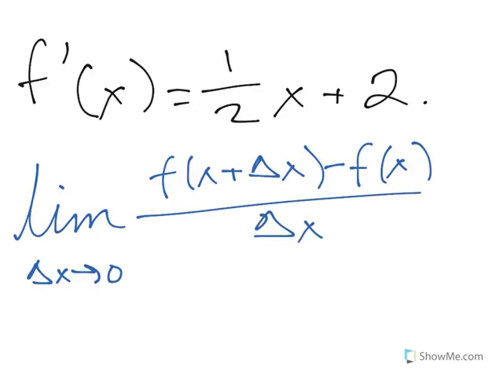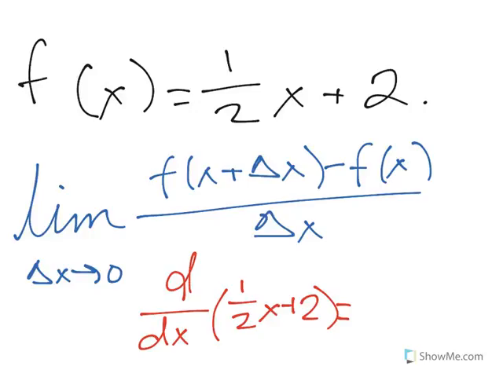And I guarantee you, I promise, that, sorry, I wrote this extremely badly. So that's f of x, that's not f prime of x. And so if you try to find the derivative of that function right there, I promise that you will get a half. So try it and you will see.